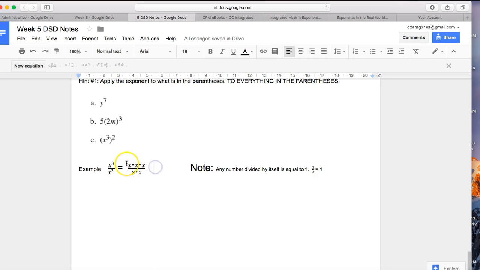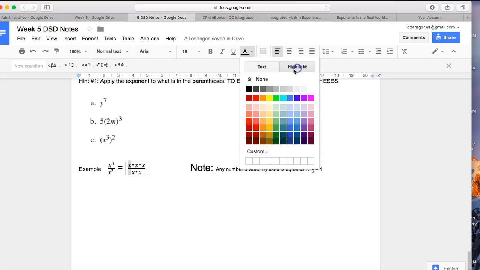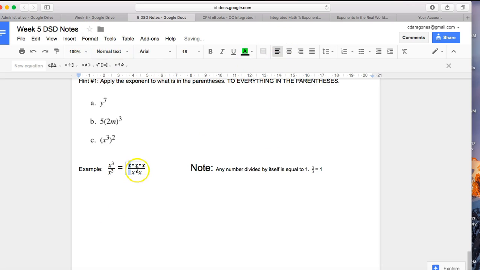So we can actually split this up and we can see, look, we have an x divided by an x right here. So I'm going to highlight that in yellow. x divided by x.